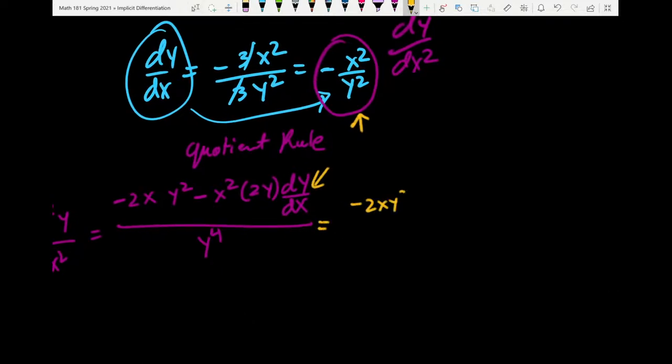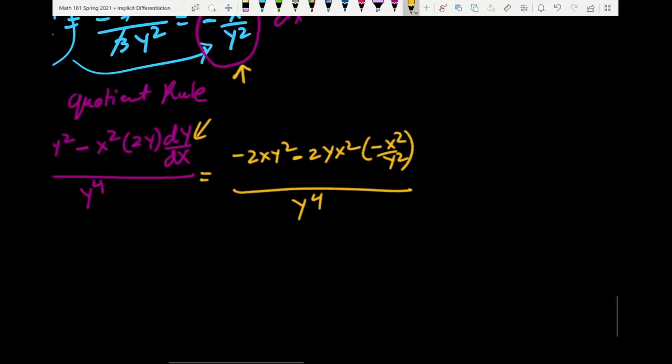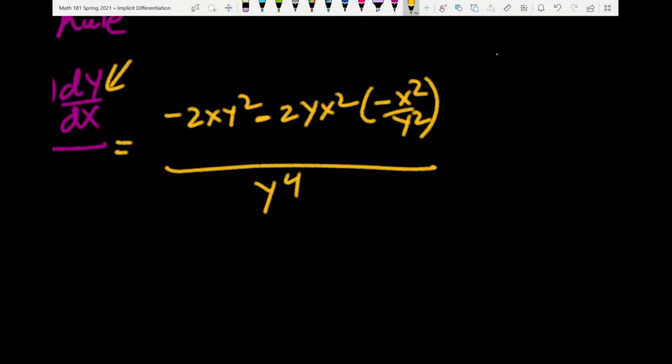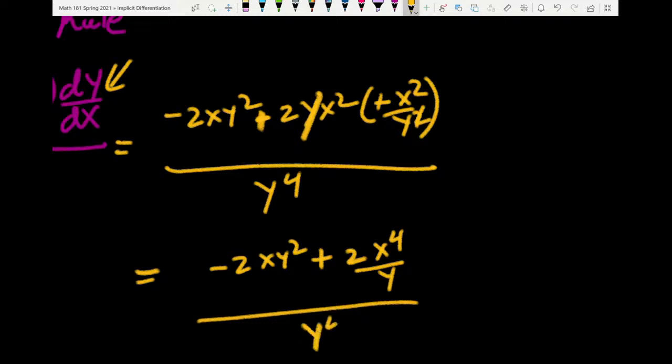Let's see what I get. Negative 2x y squared minus 2y x squared times negative x squared over y squared, over y to the fourth. We could simplify that. This becomes positive, and this goes away, so it becomes negative 2x y squared plus 2x to the fourth over y to the fourth. And this, we don't like it.